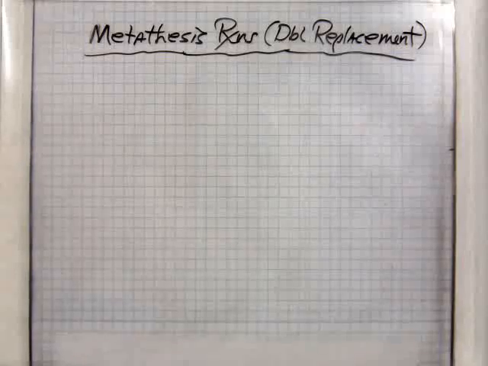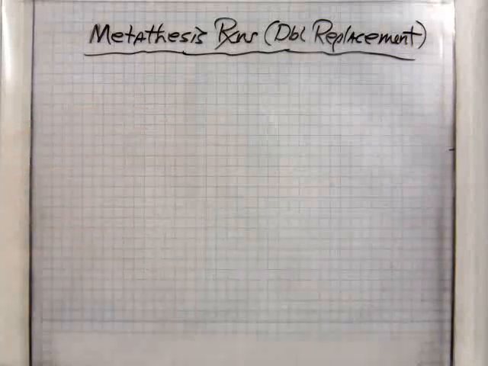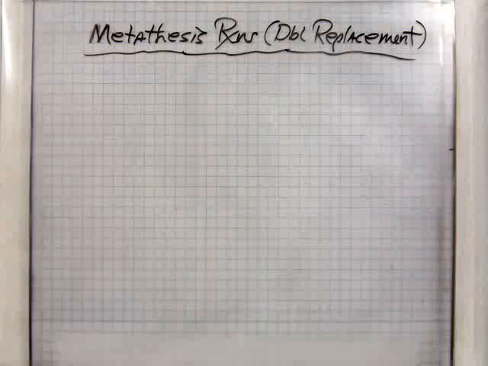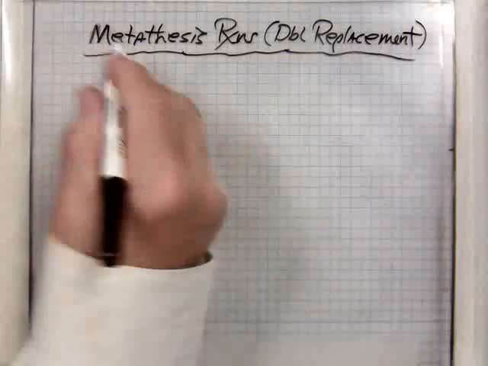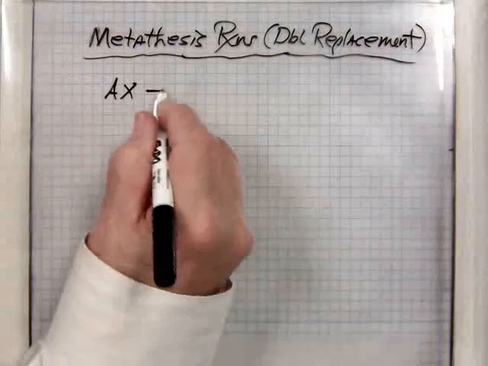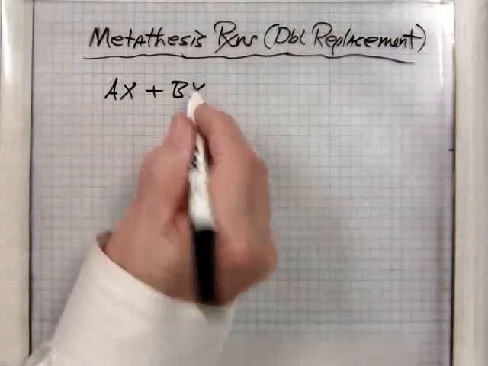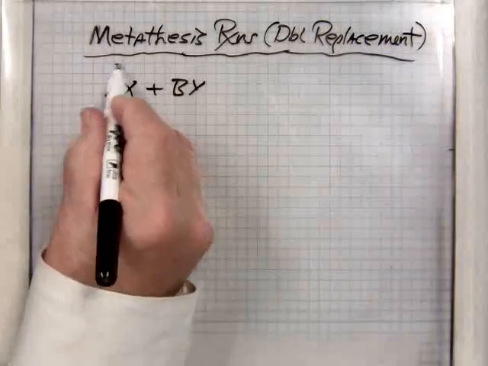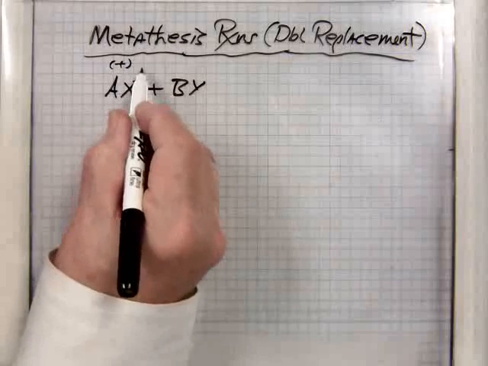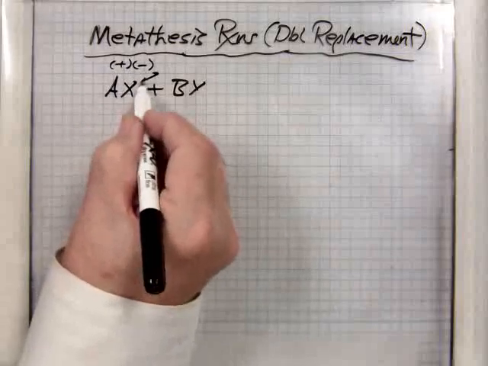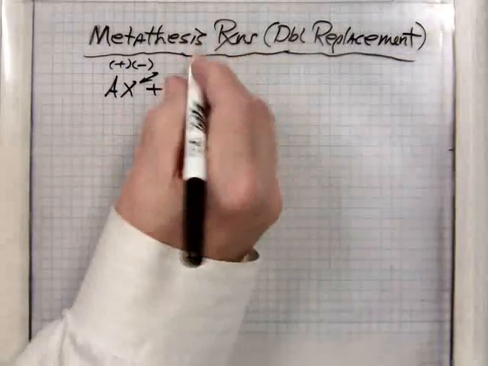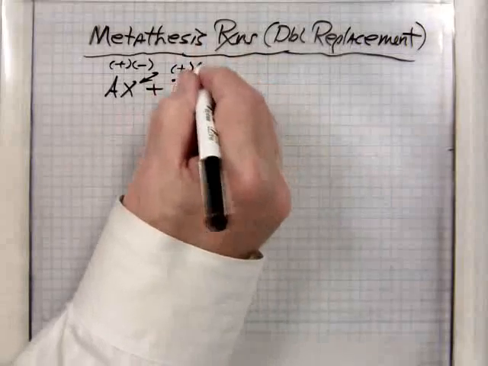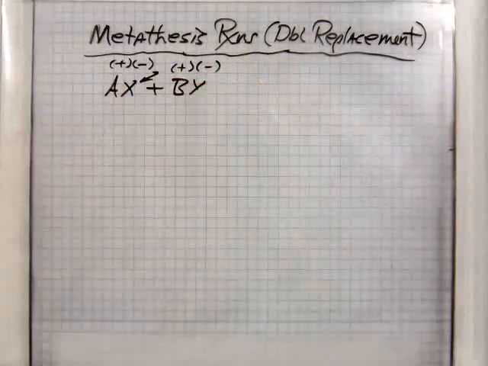So when we talk about metathesis reactions and double replacement reactions, we find that two ions exchange places. For example, if you have AX and BY as compounds, where A would be the cation and the anion would be the X, and then over here you'd have a plus and a minus, like that.